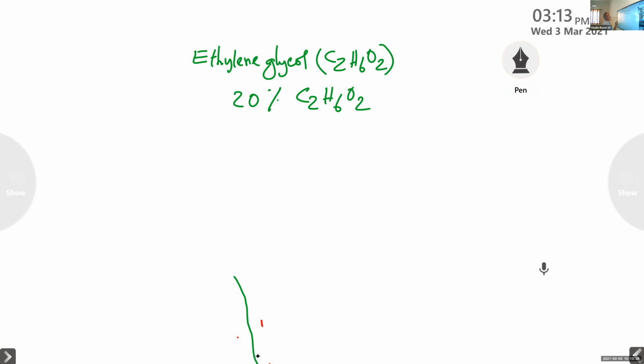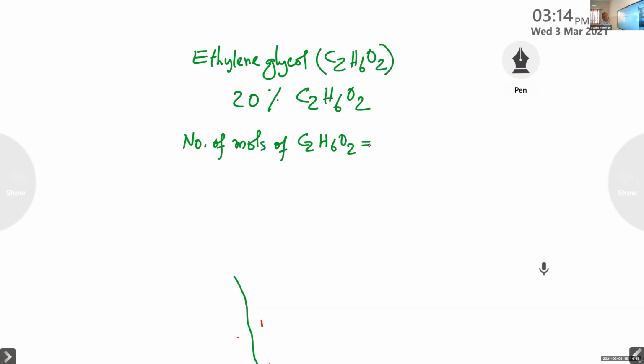How to calculate? First we have to find out the number of moles. So you find out the number of moles of ethylene glycol first. Number of moles of C2H6O2 is equal to, what is the formula used? Mass in gram by molar mass.